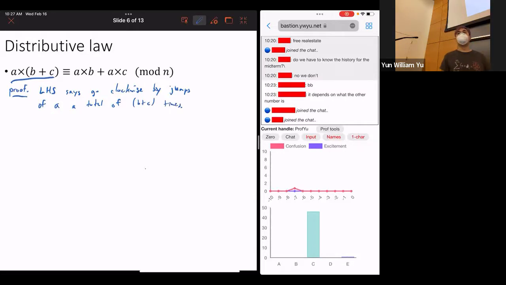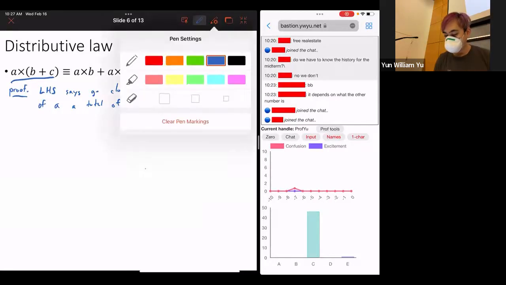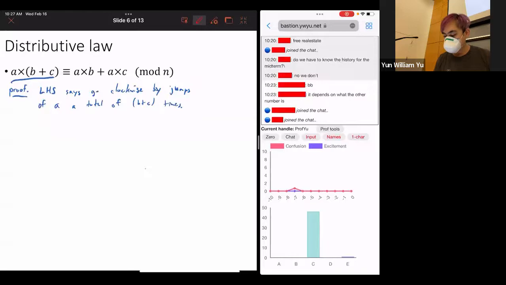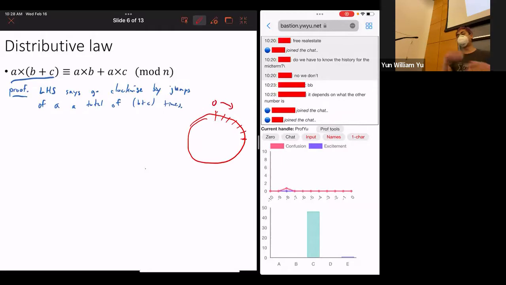So we're saying we're jumping in steps of a, and you're doing it b plus c times. So if we draw that out, because we are going around the circle, right? We don't know how many different spaces there are because this is just mod n, so there could be any number of these, but you're going right around, clockwise around this in jumps of size a a total of b plus c times.